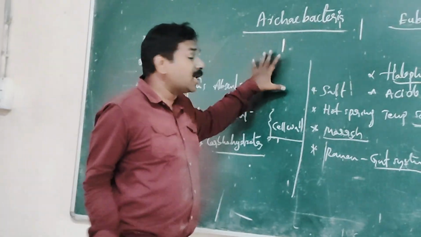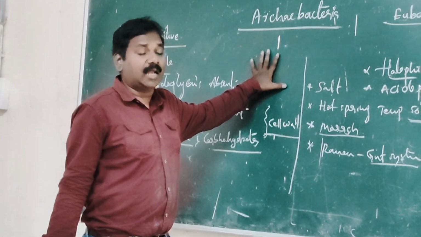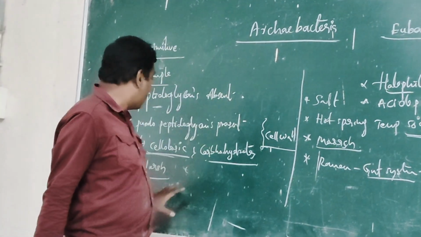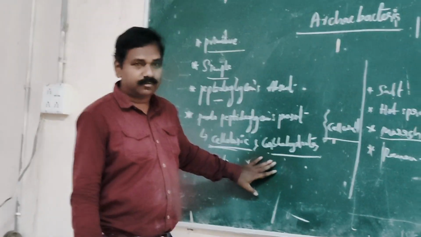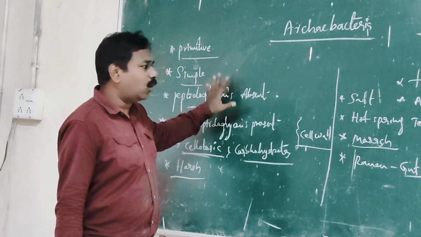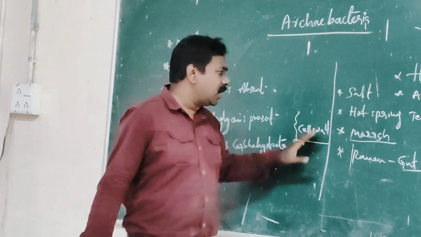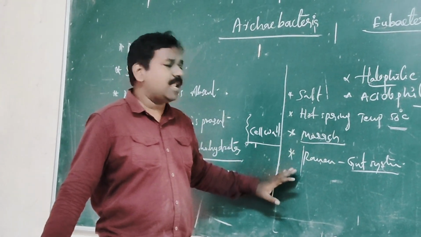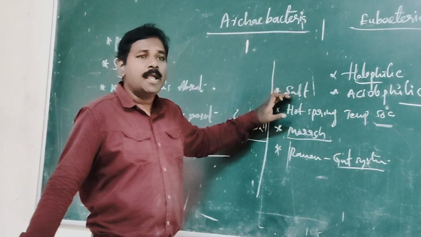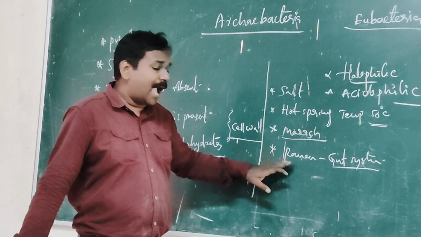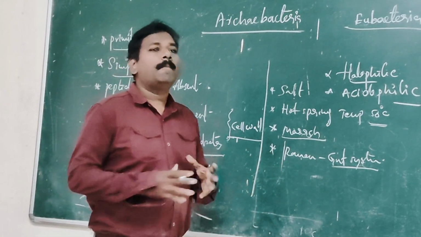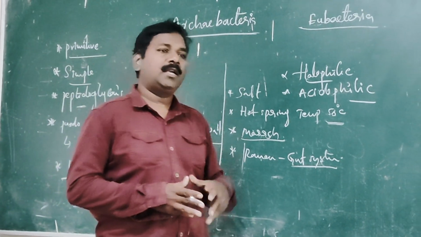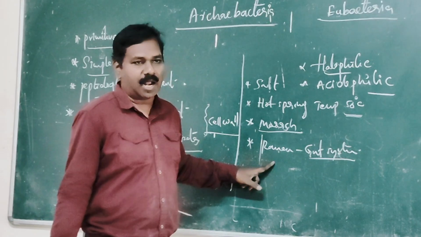But archaebacteria can survive because of their very primitive cellular nature. They can survive in marshy soils, hot springs, soil, and the animal intestine and rumen.